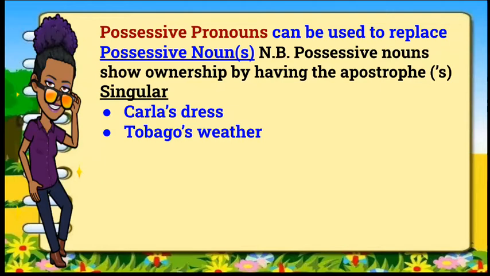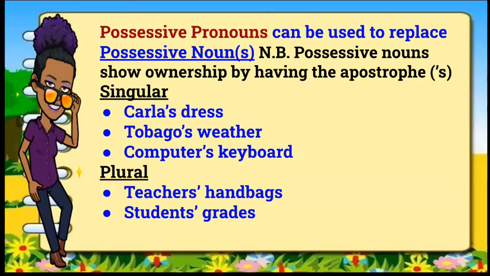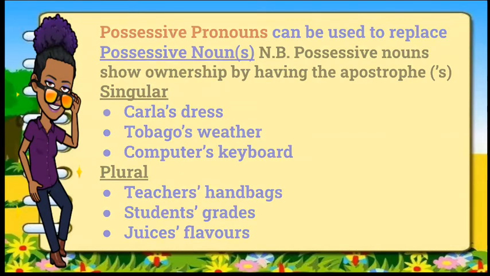So these are possessive nouns, showing that with the apostrophe S, that's how they show ownership. Computer's keyboard, the keyboard belonging to the computer. Now the plural. We have teachers' bags. Notice you have teachers and the apostrophe after the S, because you're dealing with more than one teacher. Students' grades, and juices' flavors.